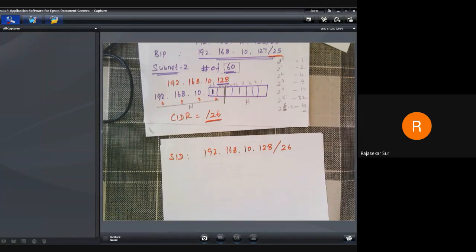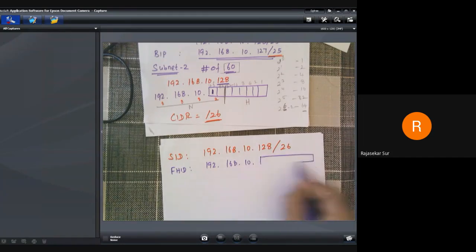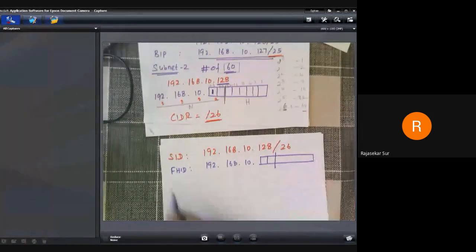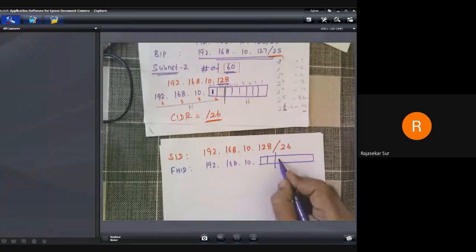Next, what is the first host IP address? I'm writing 192.168.10 dot. There are 8 bits available. We borrowed 2 bits, so we are keeping only 6 bits here. So the first host IP address is going to be 0, 0, 0, 0, 0, and the last bit is going to be 1.